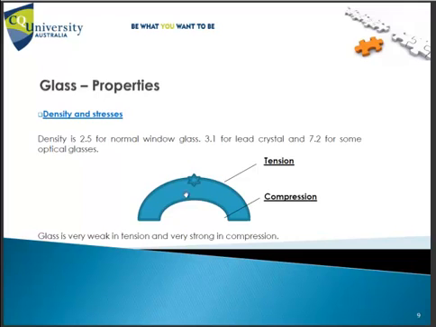If we bend the glass here, there will normally be a break, because the top surface is under tension and the bottom surface is under compression. You will always notice the break in the tension part. That means glass is very weak in tension and very strong in compression.